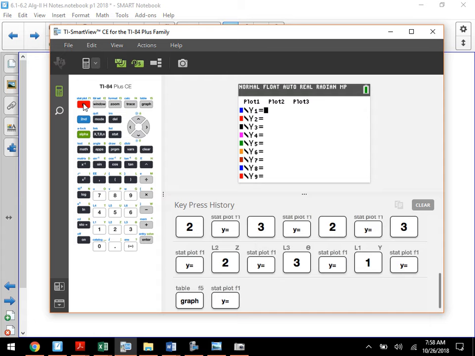What I want to do is graph y equals x, y equals negative x, y equals x squared, y equals negative x squared, y equals x cubed, y equals negative x cubed, y equals x to the 4th, and y equals negative x to the 4th.